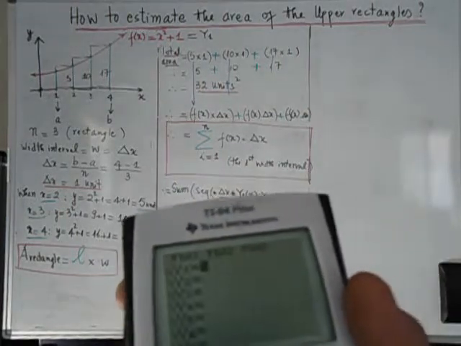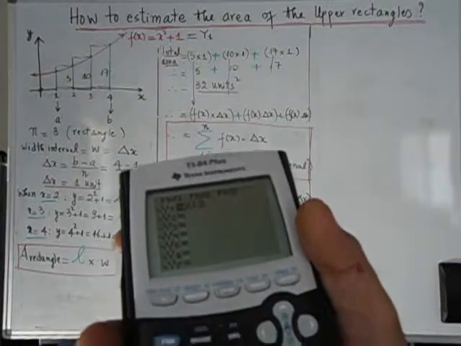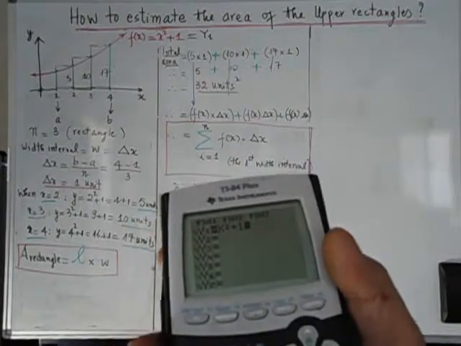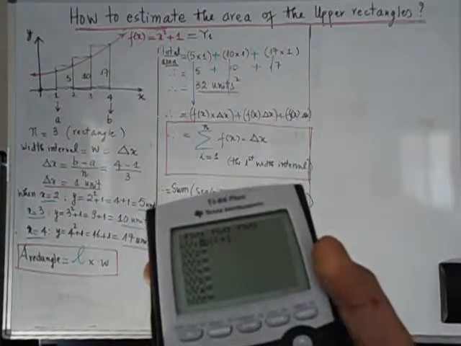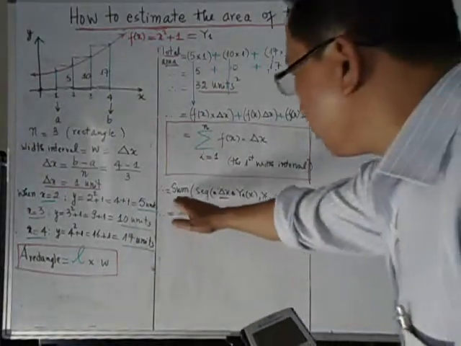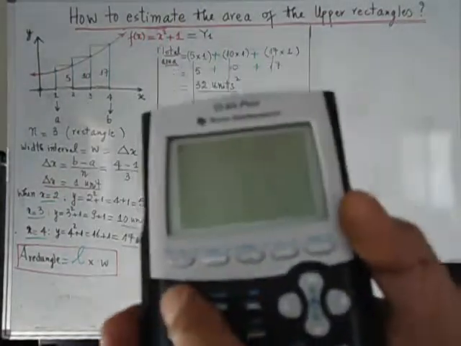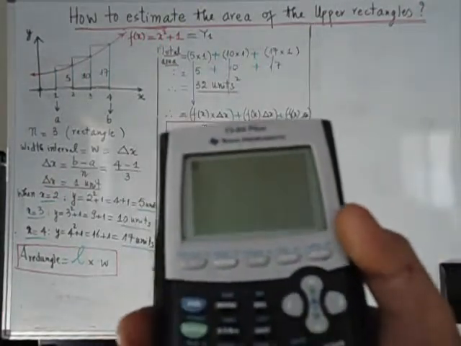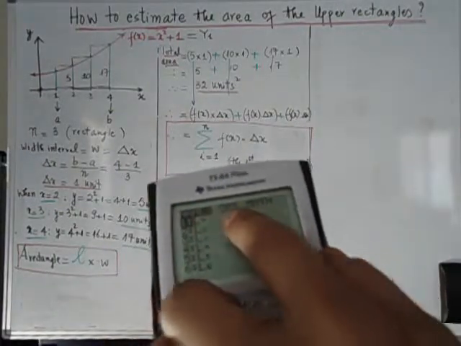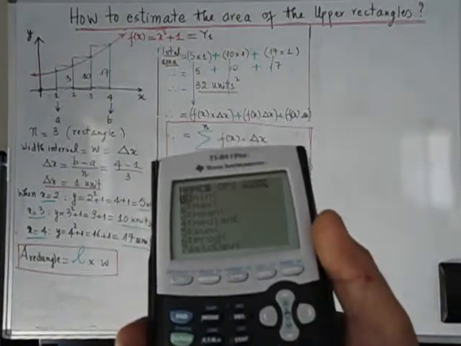So we type x power 2 plus 1, then we quit, second quit. Now for the sum, we press second, stat, we select math, enter.